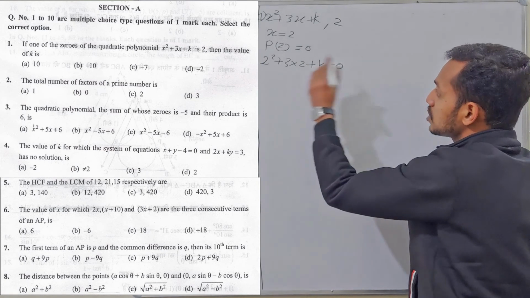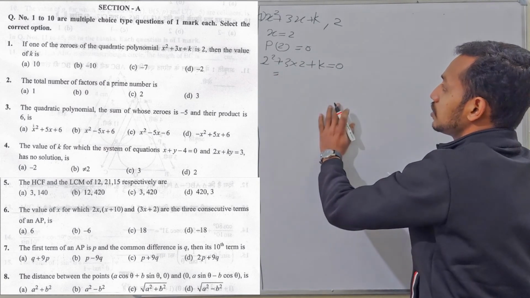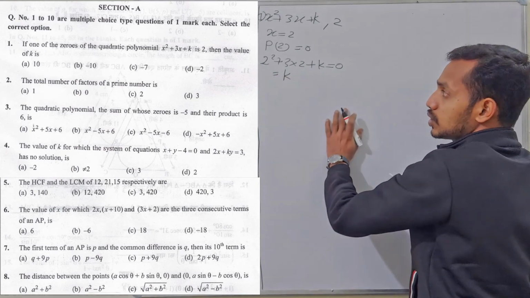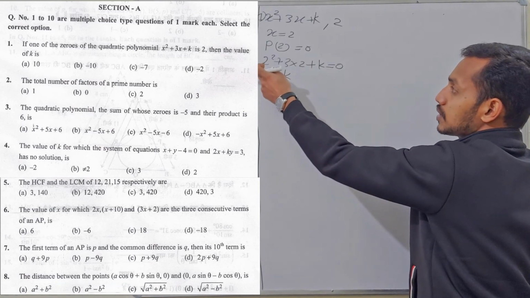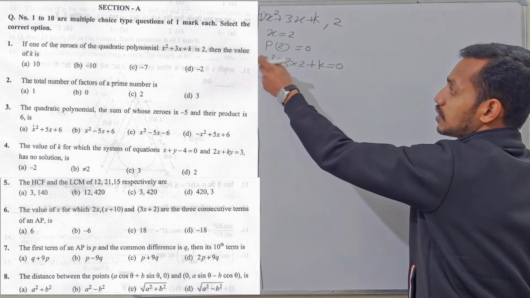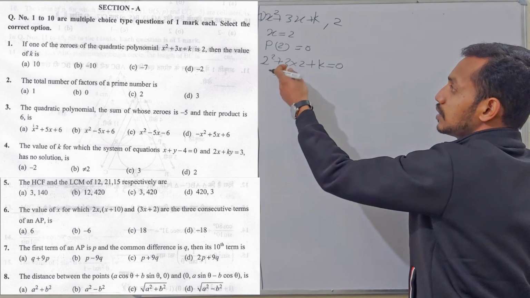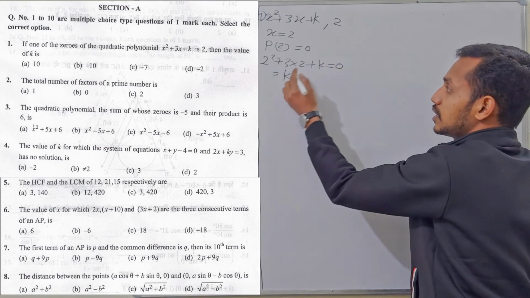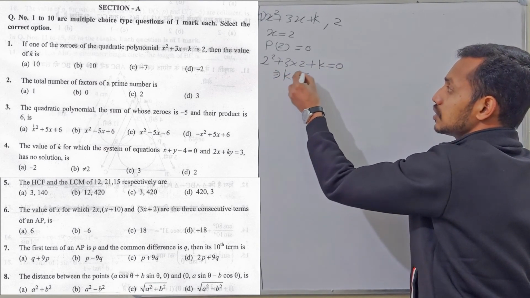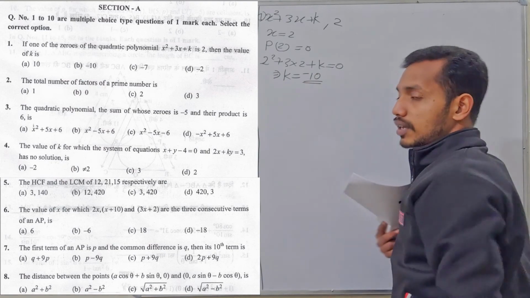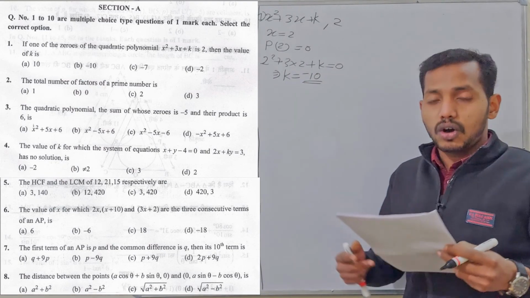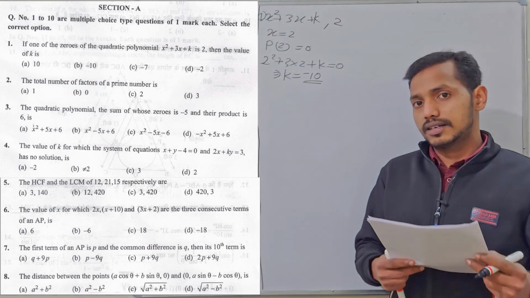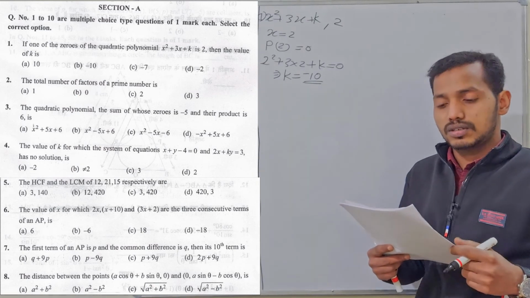Solving this, 2 square is 4, 4 plus 6 is 10, so 10 plus k is 0, and taking 10 to the other side, k is equal to minus 10. Option B is the right answer. This is a multiple choice question.